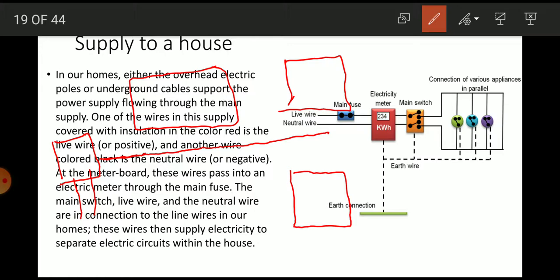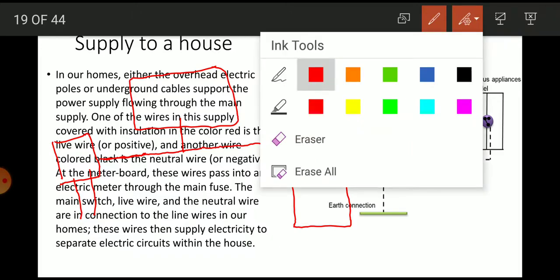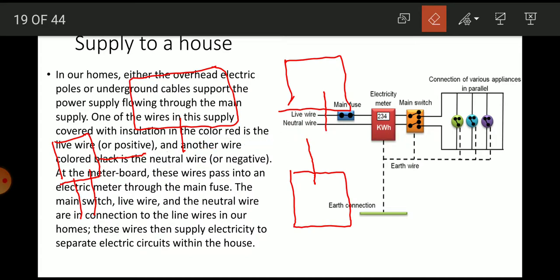Each room will be given a live wire. Each room will be given a neutral wire. The neutral wire might be common, and an earth wire. I will use red color for the live wire. This is the connection to your room, this is the connection to the other room, and this is to the next room. A different connection is given to each room. I will make it much easier.